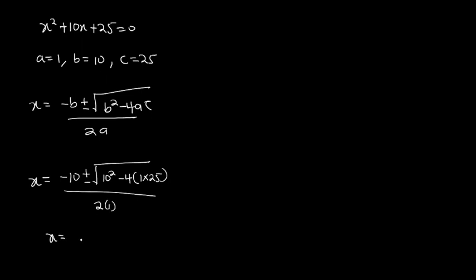So my x is equal to minus 10 plus or minus the root of 10 squared, which is 100, minus 4 multiplied by 25, which gives me 100, all on 2. So my x is equal to negative 10 plus or minus the root of 100 minus 100, which gives me 0, on 2.